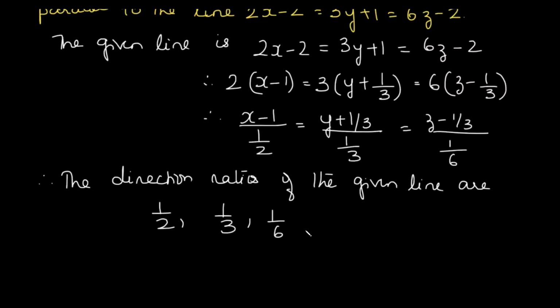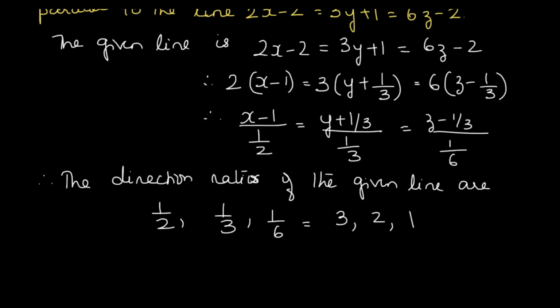Now we can simplify this further. The LCM of 2, 3 and 6 is 6. So multiply each value by 6. When you multiply 1/2 by 6, you get 3. 1/3 multiplied by 6 gives 2. And 1/6 multiplied by 6 gives 1. So we can also write the direction ratios of the given line as 3, 2, 1.